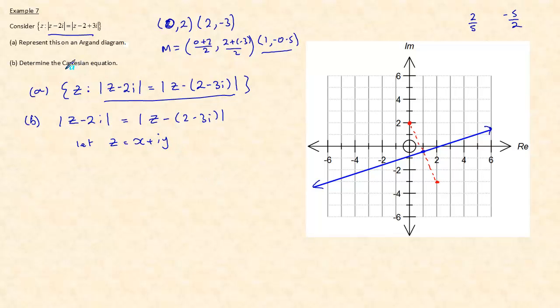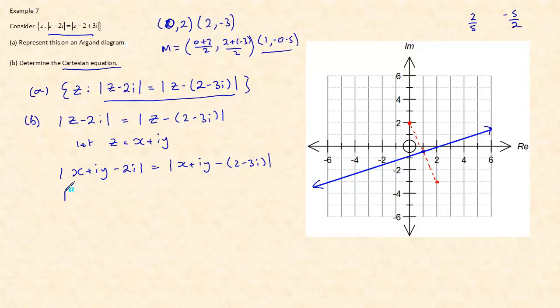Remember, a Cartesian equation is going to relate x and y. So that's x plus iy minus 2i is equal to the mod of z, which of course we're replacing with x plus iy, take away 2 minus 3i.